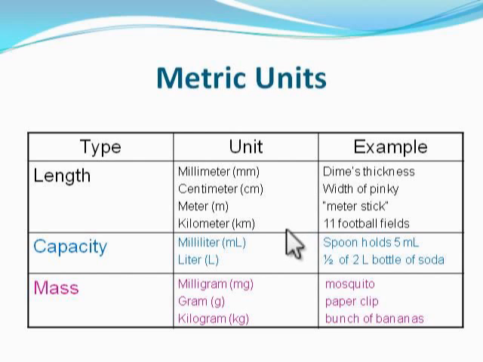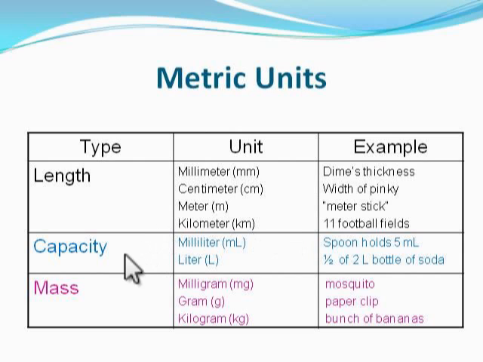And a kilometer is your largest measuring for length. That 1 kilometer is about the same size as 11 football fields. And some of you may have participated in the run for country fair, and I believe they usually use kilometers to measure those as well.